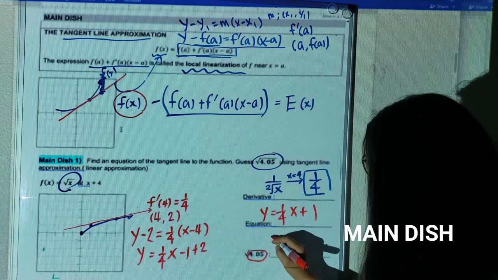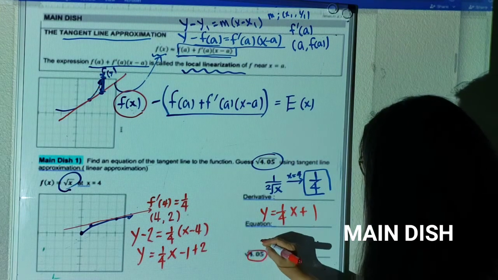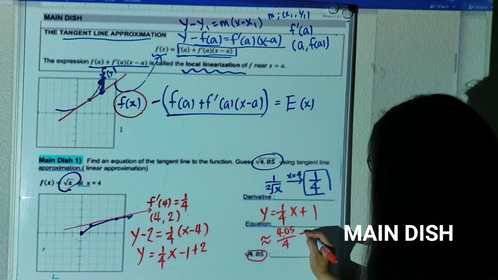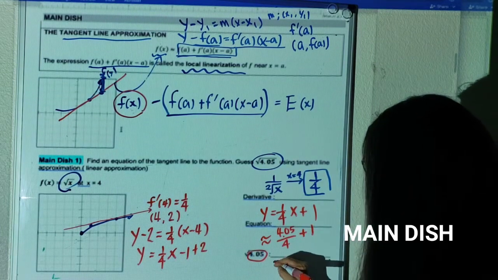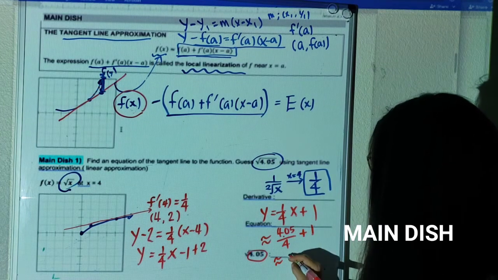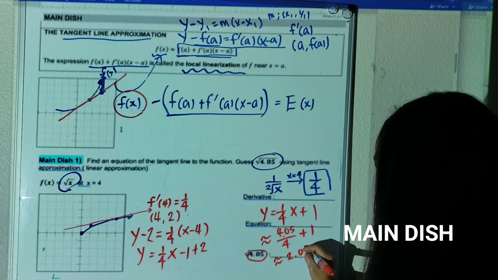So for 4.05, I can approximate as 0.05 divided by 4 plus 1. I will guess that number is about 2.012 something.